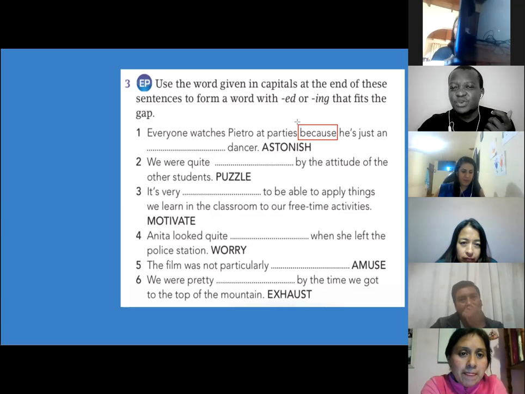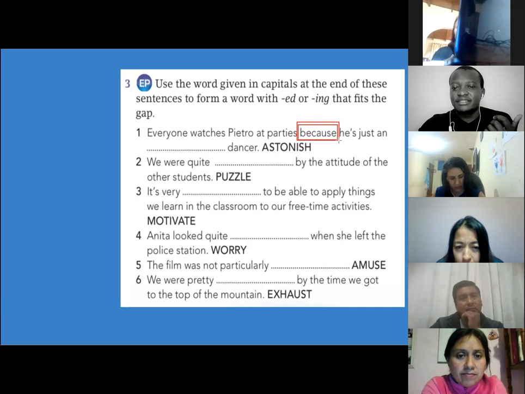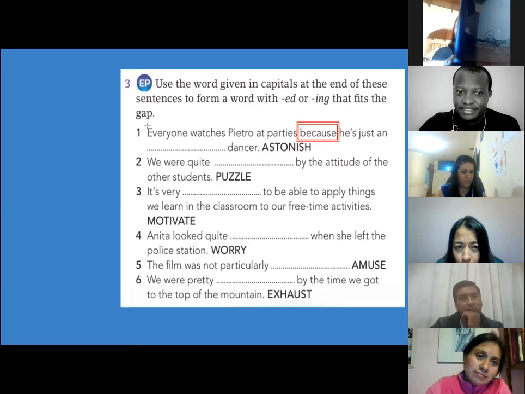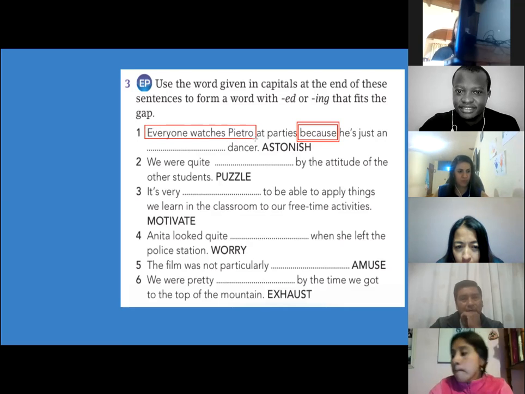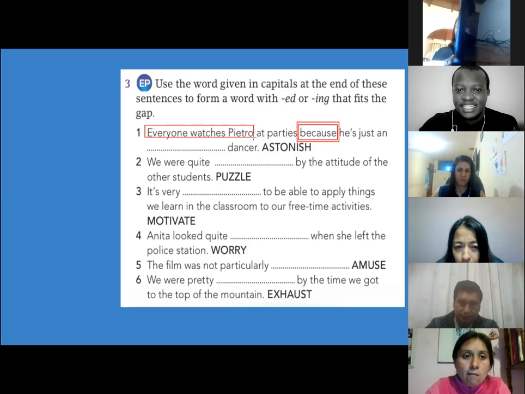What is this "because" doing here? What are they trying to explain? The reason why everyone watches Pietro. So, is he an astonished dancer or an astonishing dancer?